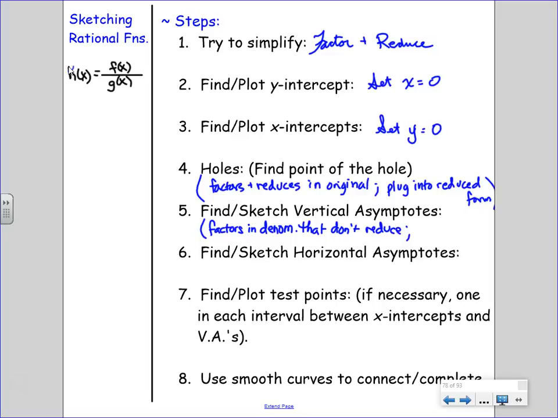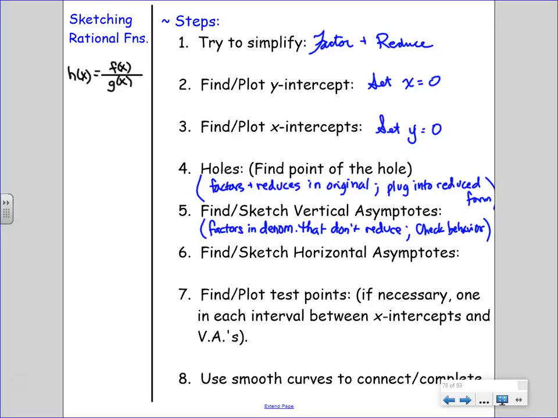They're the ones that are still in the denominator. And just to help you out, check behavior. Why? Because we know how to do that, and then we know for sure what's going on around that vertical asymptote, like the example that we saw in the back of our spiral.